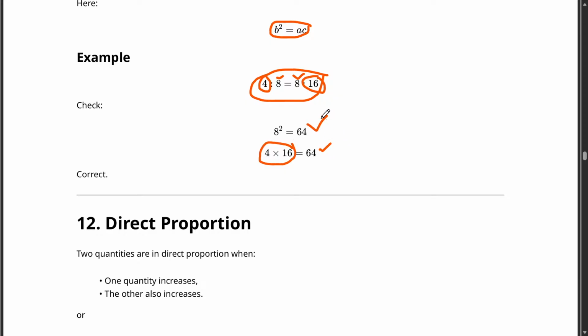So in both cases we can see that B square equals AC.